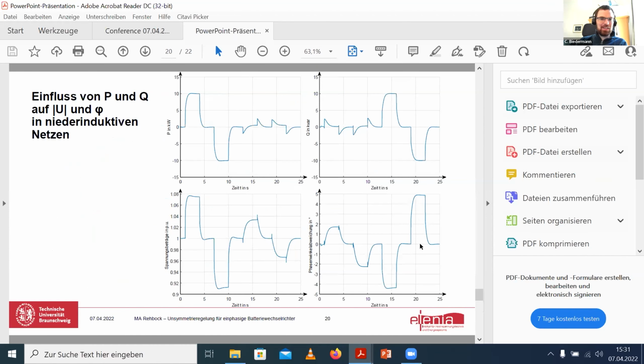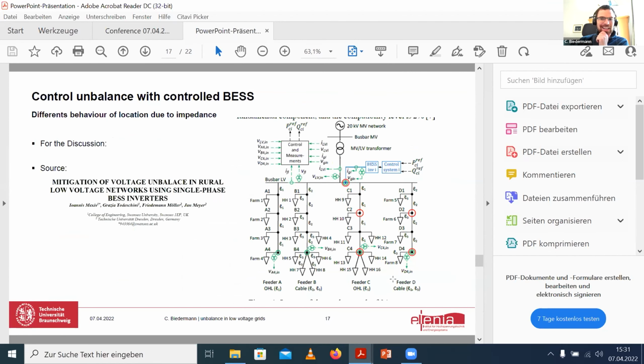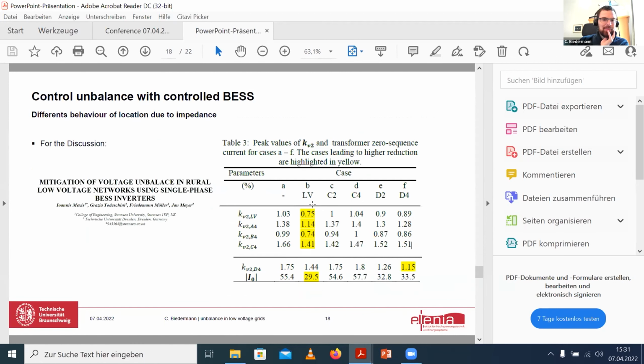Yes, okay. And one last question from myself, because I also looked at the literature, and people did similar things to what we did. They did simulations, we did more laboratory work, but it shows that the BESS should be at the transformer, so as well to improve the unbalance at the end. What I saw two weeks ago, so I did not put it in the main part of my presentation, is the same.